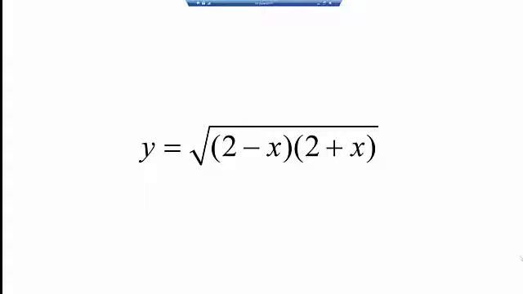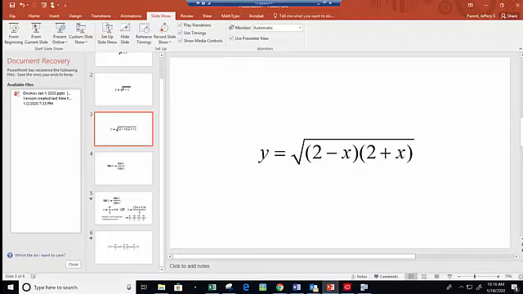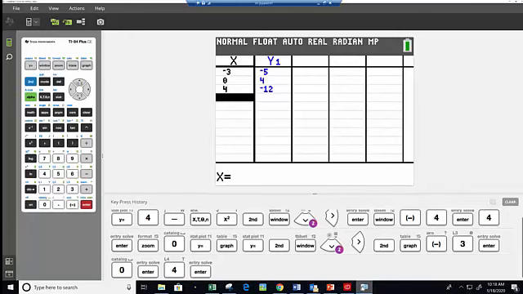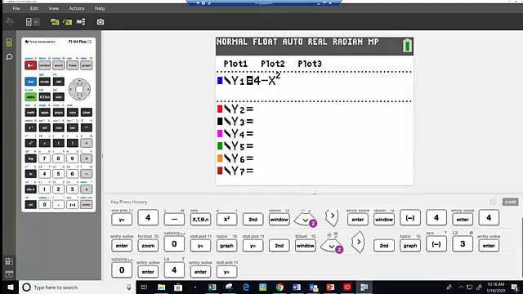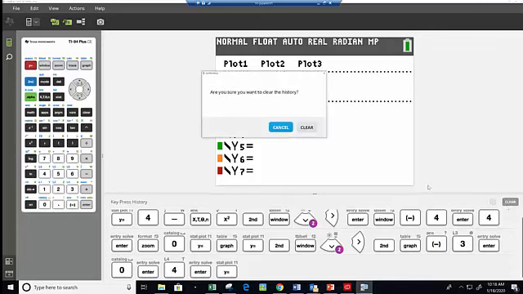To examine that, let's leave this for a second and take a look at the graph and consider the function. Now we're going to put this into a graphing calculator. So that would be right here. The function is already defined, 4 minus x squared. There are two different ways you can look at where 4 minus x squared is positive.